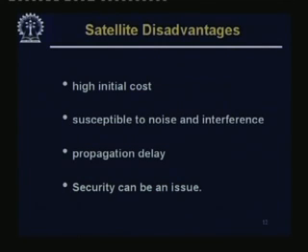Then there is a propagation delay. This is actually a significant disadvantage compared to terrestrial communication, because for many satellites, especially the geostationary satellites, and we will come back to this point later on, the geostationary satellites are thousands of miles above Earth.